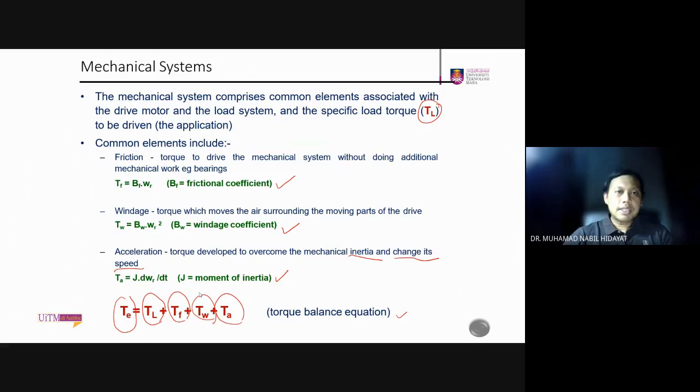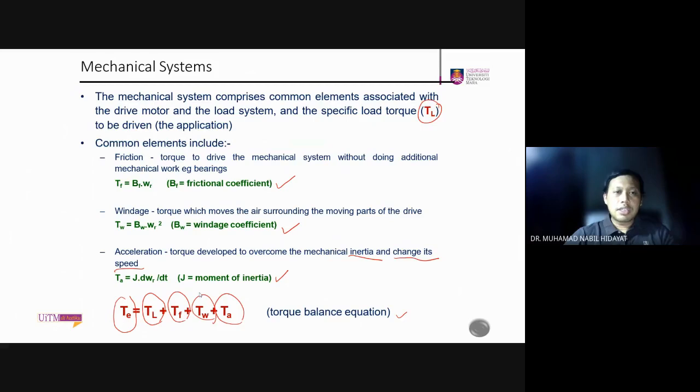The mechanical system comprises common elements associated with the drive motor and the load system and the specific load torque, with the symbol TL, to be driven. Common elements include friction.